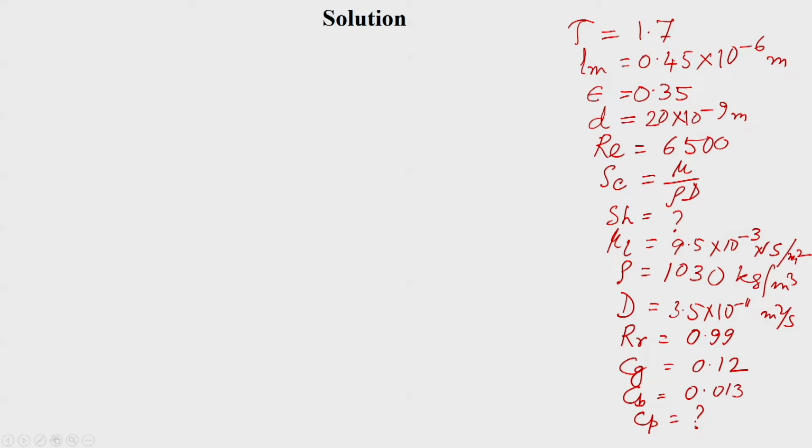RR value. We will be calculating Cp, and then delta P is given as 3 bar, that is equal to 3 into 10 to the power 5 Pascal, and delta pi we need to calculate. Then Rm we will be calculating, we do not know it. Then Rg also we will be calculating.